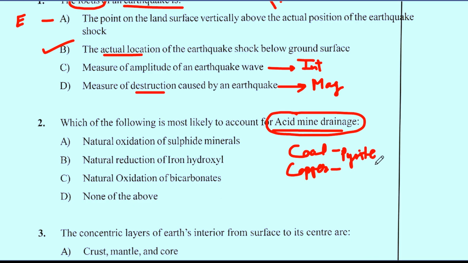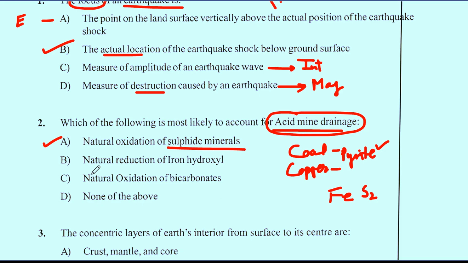In coal we get secondary pyrite, and in copper deposit we get primary. After the weathering of this, if pyrite is reacted with water, we can get sulfides. FeS2 is the form of pyrite, so we get sulfide in this. So our answer is this.